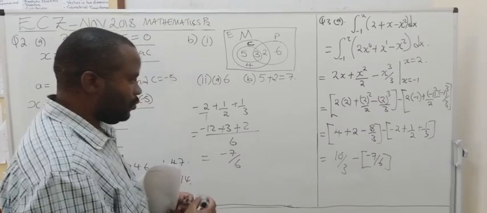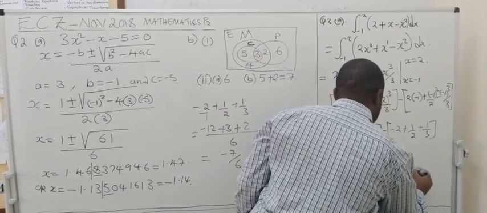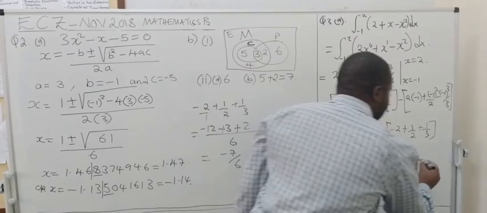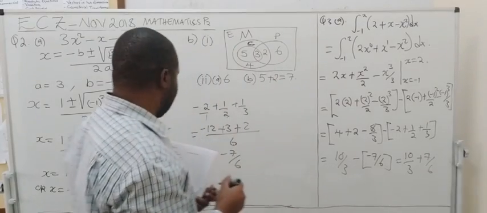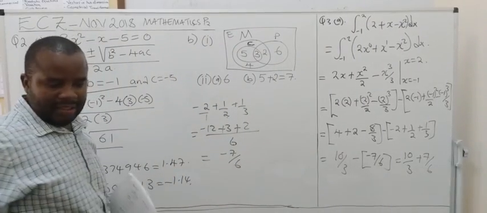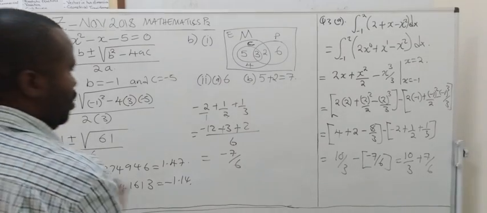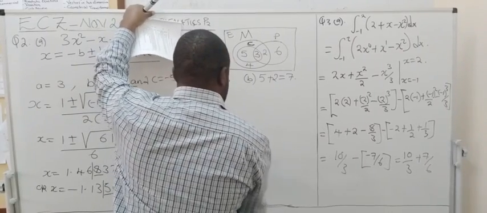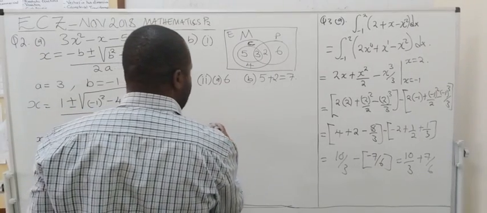Okay. What does this mean? You have got 10 over 3. Negative by negative will be positive. So you have got plus 7 over 6. Okay? Then you get your denominator. Okay? So here we can erase this and work out that. Okay? So our denominator there, a common denominator will be 6.